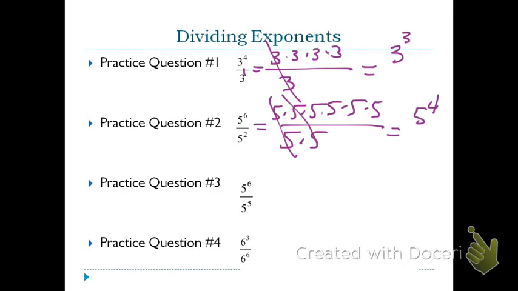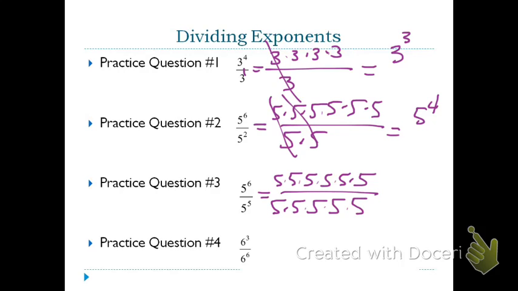Think you got the hang of this so far? Let's try another one. 5 to the 6th again. 5 times 5 times 5 times 5, there's 1, 2, 3, 4, 5, and 6, all over 5 to the 5th, 1, 2, 3, 4, 5.